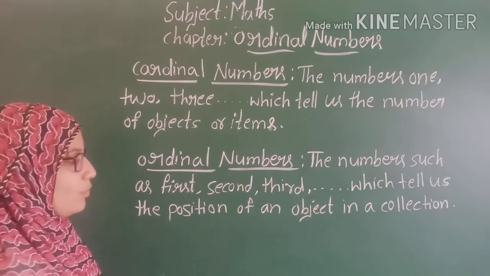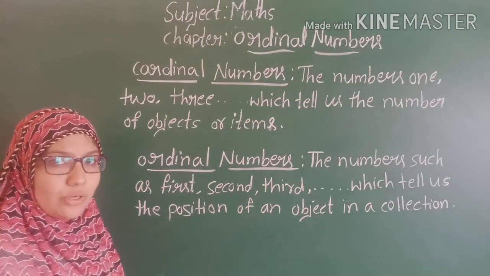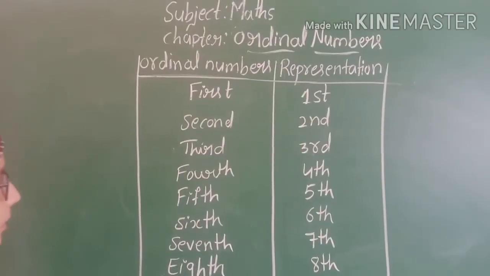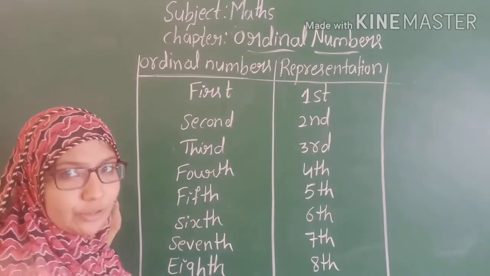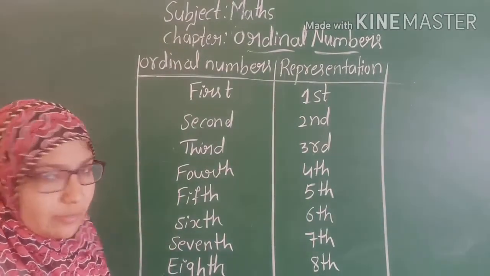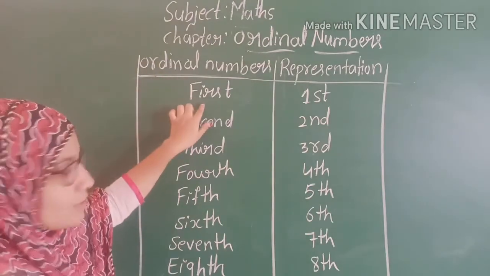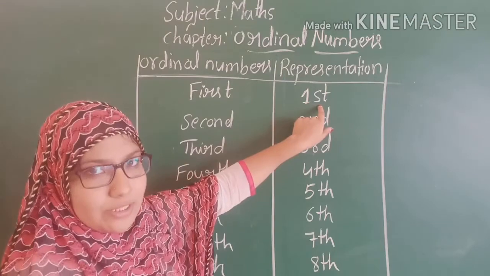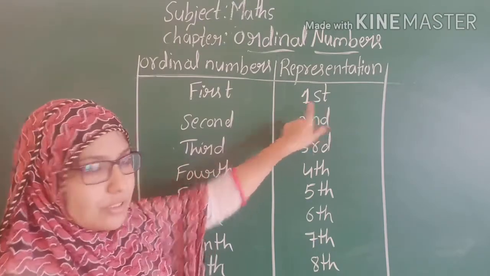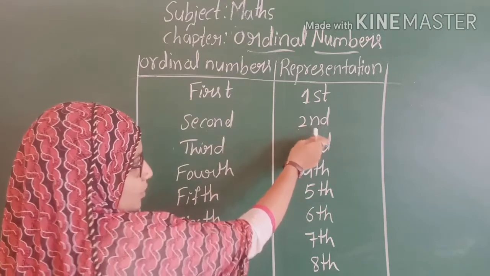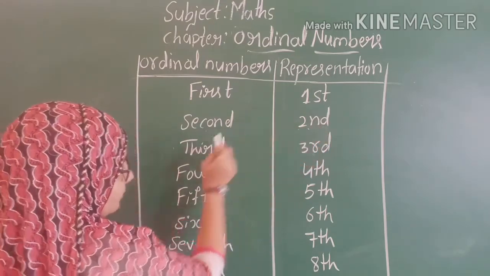Next we go for the representation of ordinal numbers. How do we represent ordinal numbers? First can be represented as 1, with a small st written. Next, second, nd. Like that you have to represent ordinal numbers.